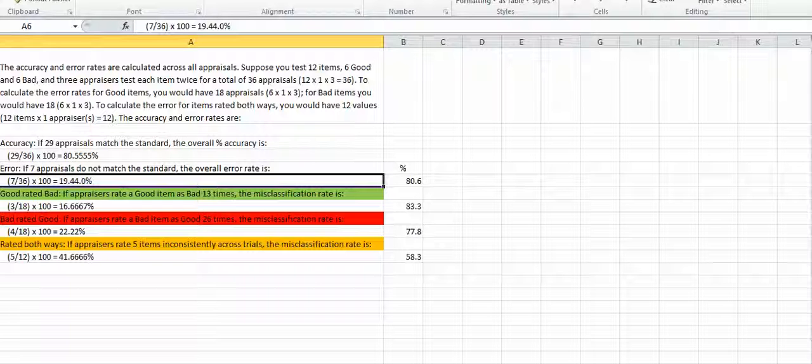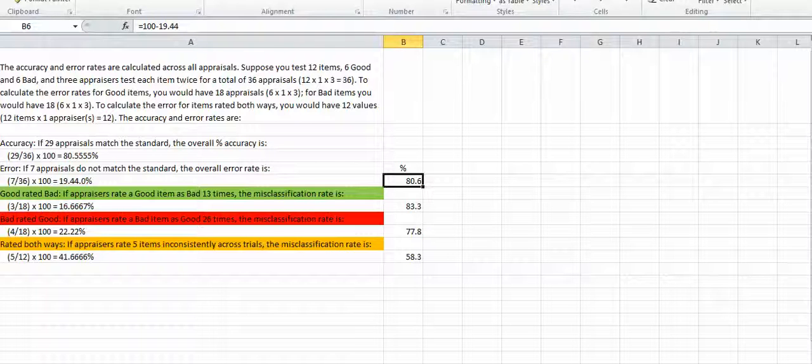Looking at the standard, we missed 7 out of 36. So looking at the standard, the error would be 19.4, and again the complementary would be 80.6% correct or acceptable.